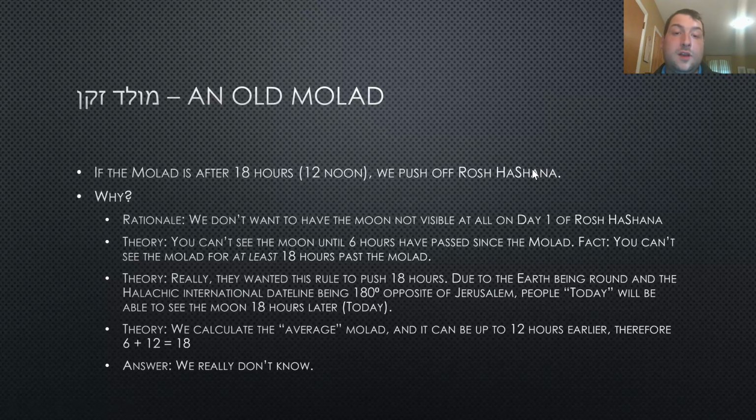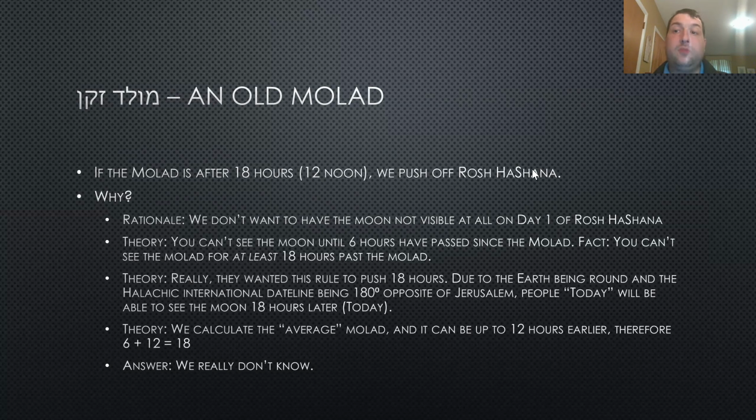There's another theory. Really, they wanted to push it 18 hours, but because of the way that the international dateline works, and according to some opinions, the international dateline halachically is exactly opposite on the earth, or 12 hours opposite of Jerusalem. And so therefore, because you didn't want the moon to be visible at all on Rosh Hashanah day 1, anywhere in the world, up to 12 hours later, it could be visible and still Rosh Hashanah day 1 in American Samoa, before it moved to the other side of the date line.